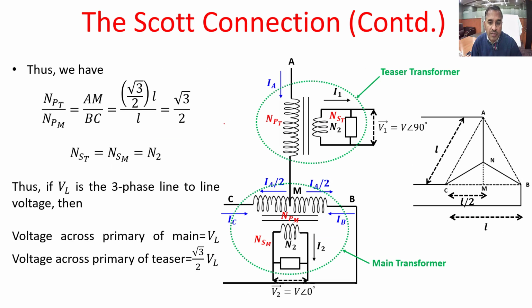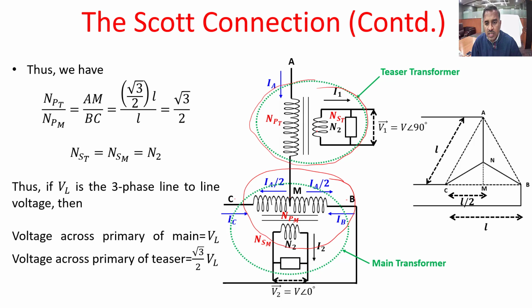Now see here, the transformers are given individually. This is one transformer, the main transformer, and this is the teaser transformer as shown here. The main transformer is connected between B and C, the complete winding is given here, and at the midpoint it is tapped, and then the teaser transformer is connected here.